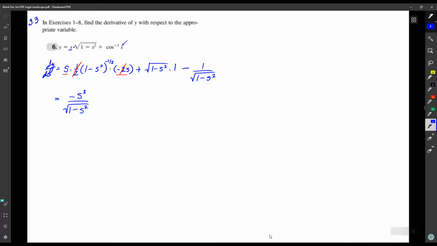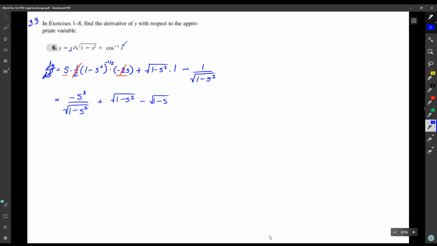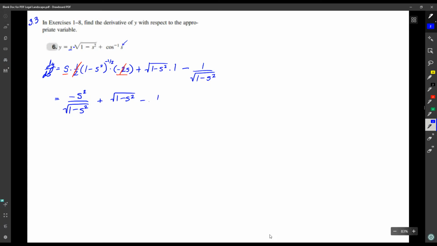The second term, we're looking at root 1 minus s squared. So we have the square root of 1 minus s squared. And then finally, minus a 1 over a root 1 minus s squared.